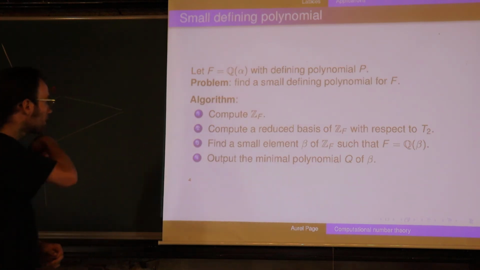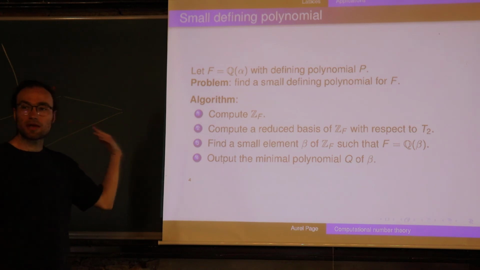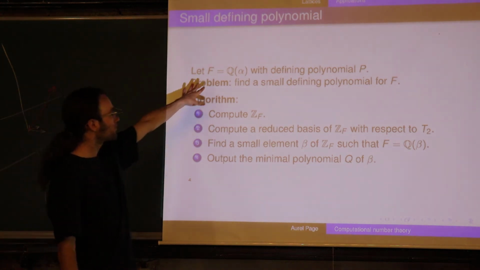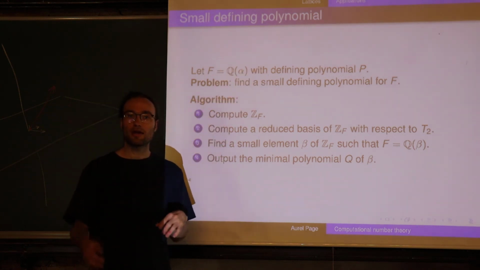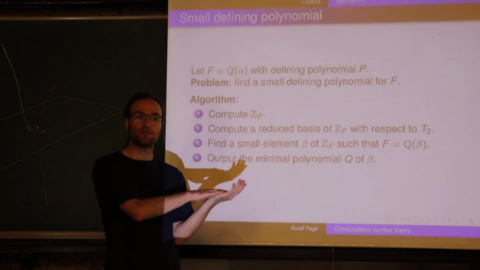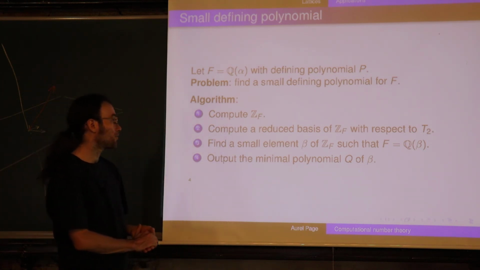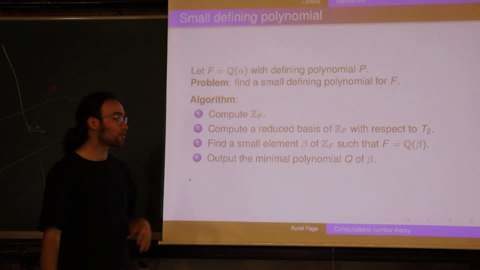Another useful application is one that I mentioned in the algebraic number theory lecture. Namely, you have a number field with a certain defining polynomial, and you want to replace it by a smaller defining polynomial. A way to do this is to compute the ring of integers.